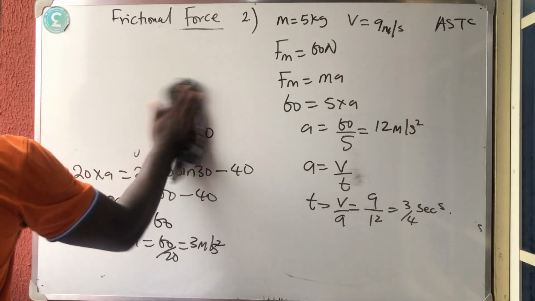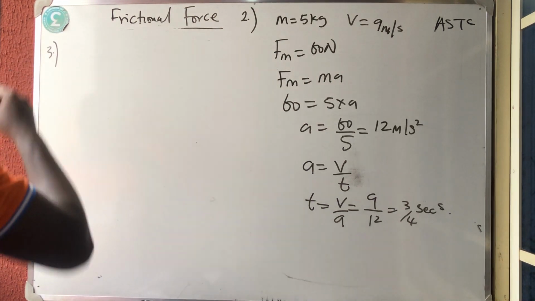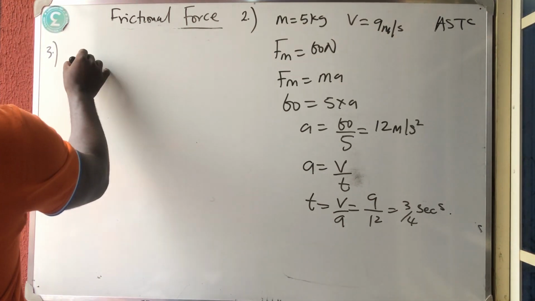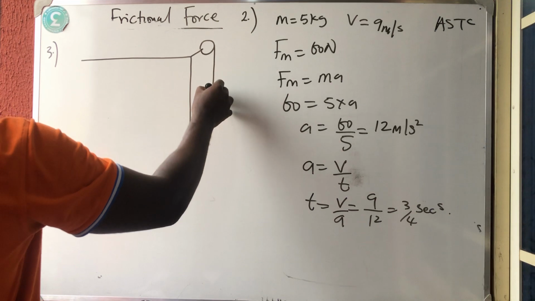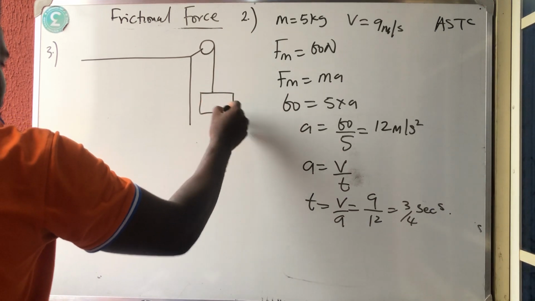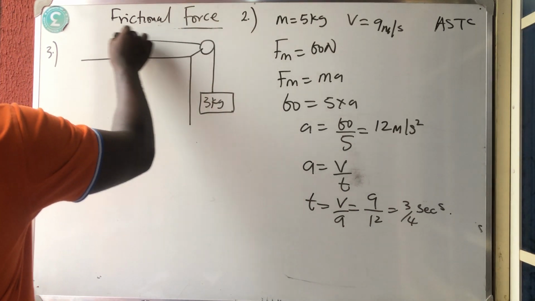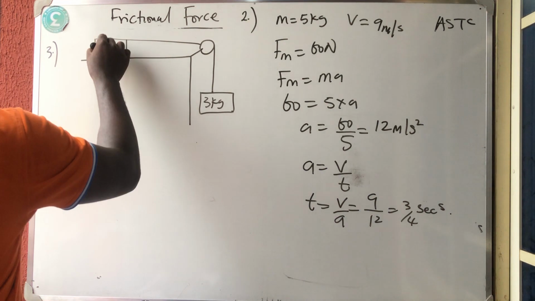Number 3 gave us a plane like this, with 3 kg and 6 kg.